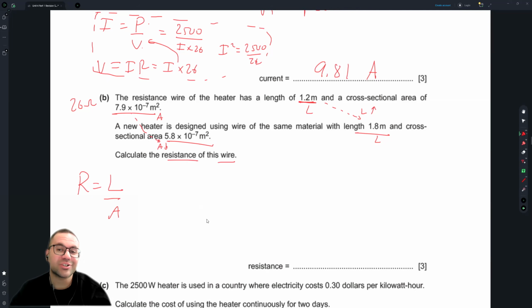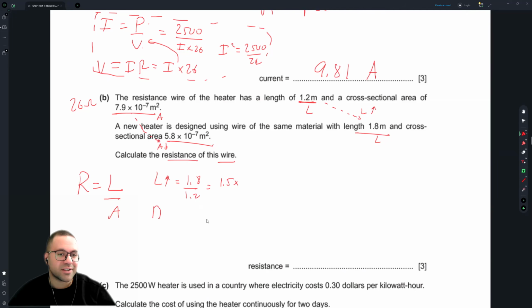So first, I want to see how much the length increased by. The increase in length is 1.8 over 1.2. It's a ratio. 1.8 divided by 1.2 gives me 1.5 times. So the length is 1.5 times larger, so the resistance will also be 1.5 times larger.